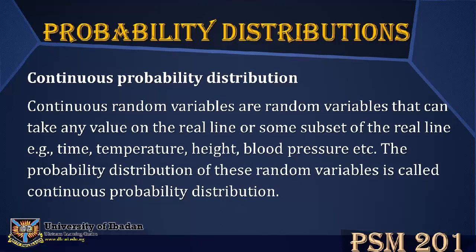Continuous random variables are random variables that can take any value on the real line or some subset of the real line, e.g., time, temperature, height, blood pressure, etc. The probability distribution of these random variables is called continuous probability distribution.